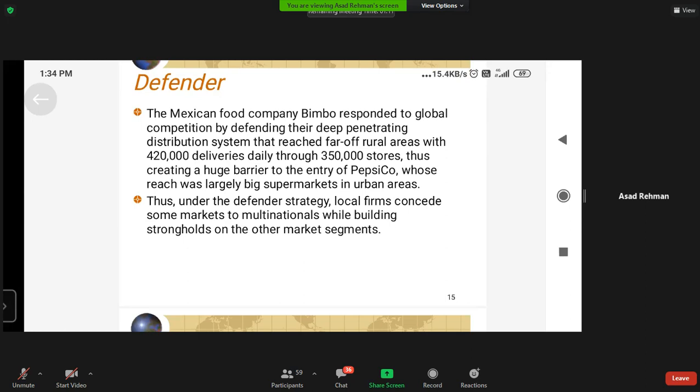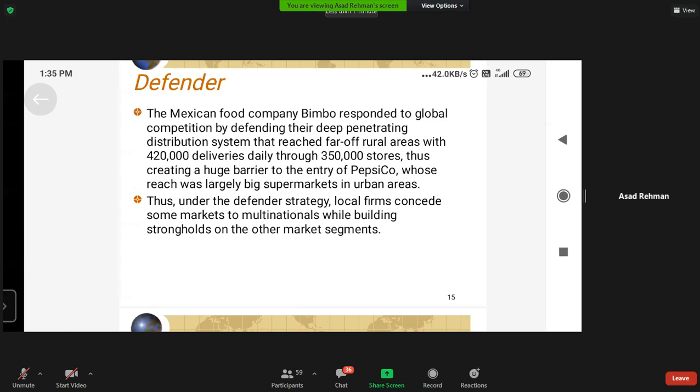For the Mexican company, their core competence was that they had a very deep distribution network in the rural areas, right, with 420,000 deliveries daily through 350,000 stores. So this is obviously a very, very rare achievement.